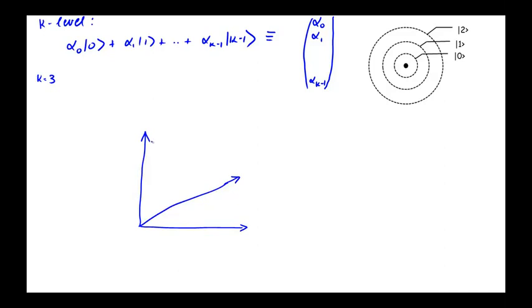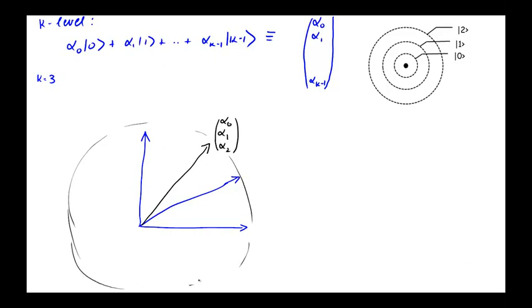And if this is the x, y, and z axis, then our state vector would actually be a unit vector in this space, and we could label it. It would be this vector, right? It would be sitting on a unit ball like this. Sorry for my drawing, but it's a unit ball because of course alpha 0 squared plus alpha 1 squared plus alpha 2 squared equals 1. So it sits on the unit ball.